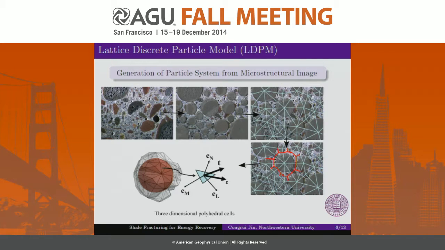conditions. The polyhedral cell system is built by a three-dimensional tessellation procedure based on the X-ray microtomography results of the microstructure and the grain size distribution.